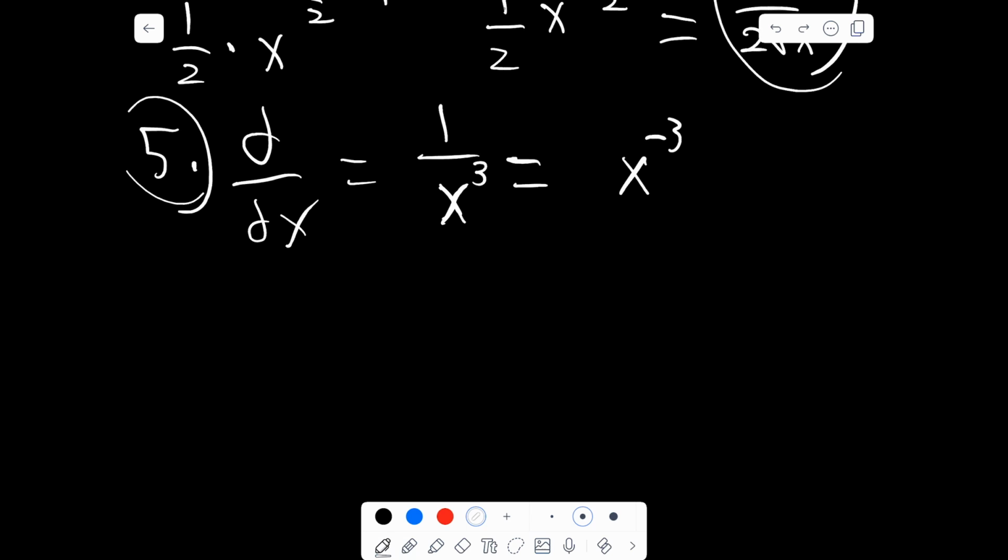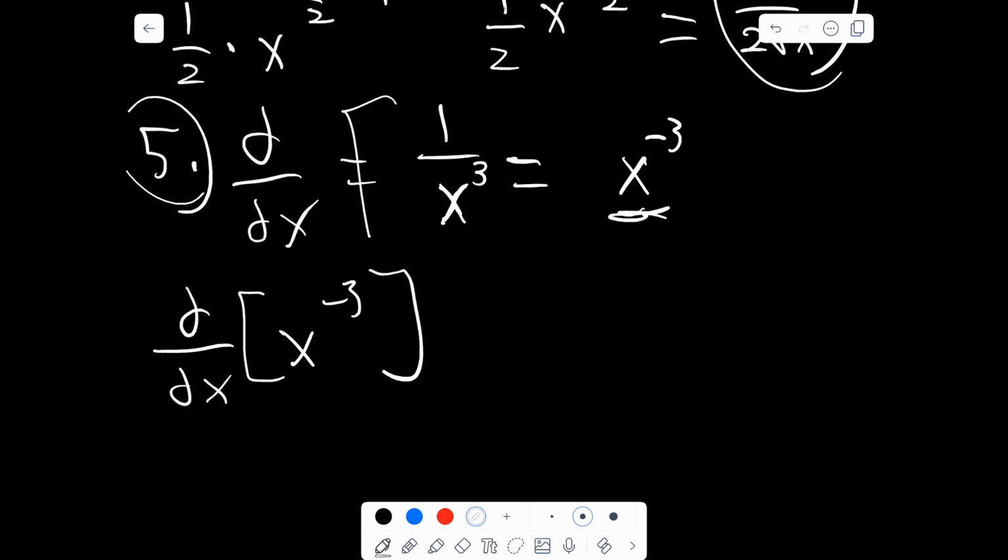So d over dx, x to the negative 3. What do I do?